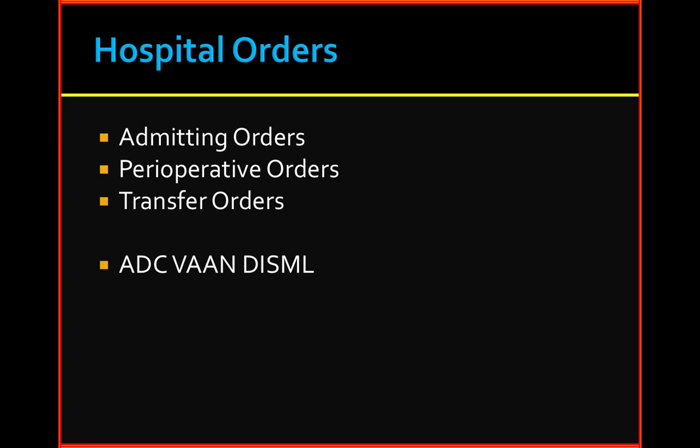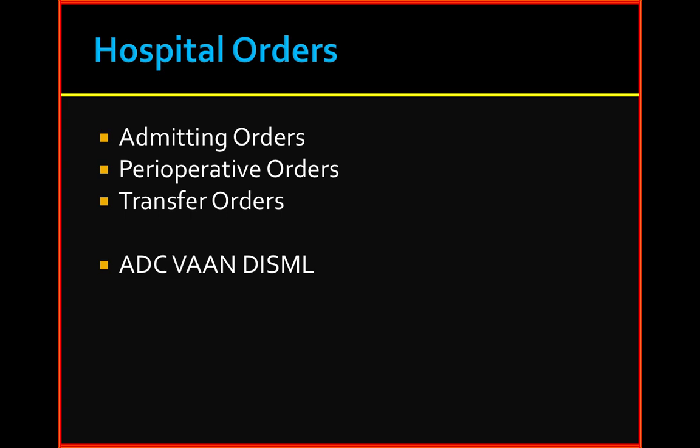Maybe they were on an antihypertensive and you want to continue that in the hospital, metoprolol, 50 milligrams PO BID. Very specific. You're writing the name of the medicine, generic names. You're writing the dose of the medicine, how they need to take it, whether it's oral, rectal, subcutaneous, intramuscular, whatever the route is, and then how often.